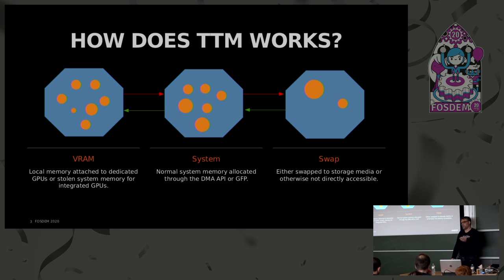So if you wouldn't evacuate those buffers, you would get just random stuff on your screen, or just a black screen if you turn the laptop on again after a suspend-resume cycle. So that's what those red arrows here are good for. When applications then use those buffers, they usually move back into video memory or system memory. And that's what the green arrows represent on this slide.